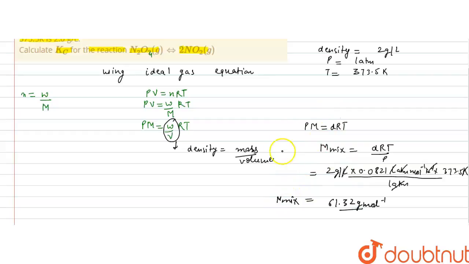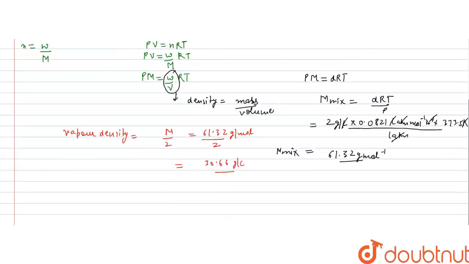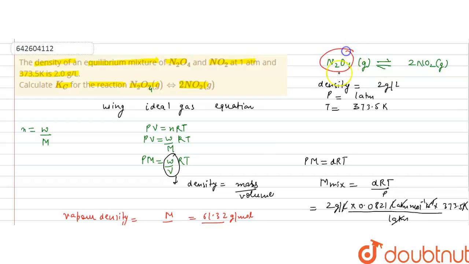Now we have to find out the vapor density of this mixture from the molecular mass, and vapor density is molecular mass divided by 2. Now the molecular mass of the mixture is 61.32 gram per mole divided by 2, so the vapor density will be 30.66. Initially, in the equilibrium mixture only N2O4 would be present, so the initial vapor density would be due to N2O4 only.